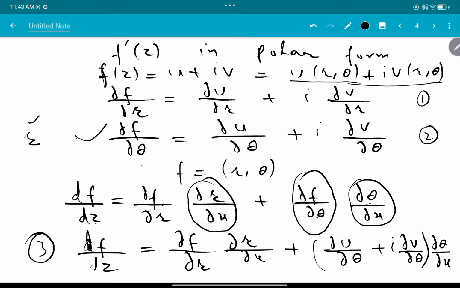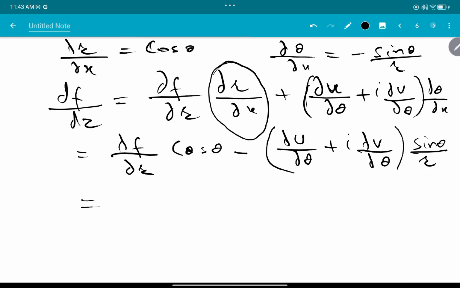Now if I use this in that equation, this will be equal to del f by del theta.